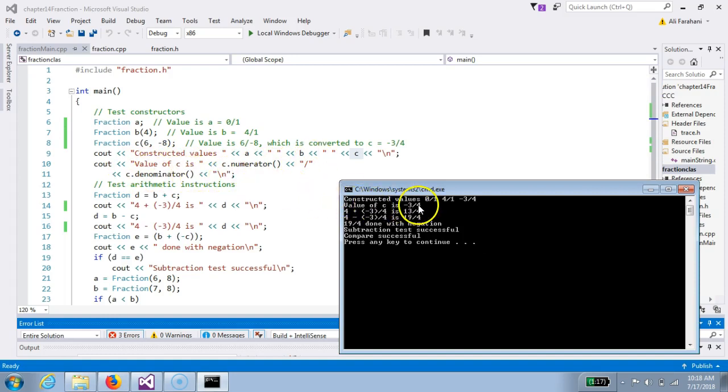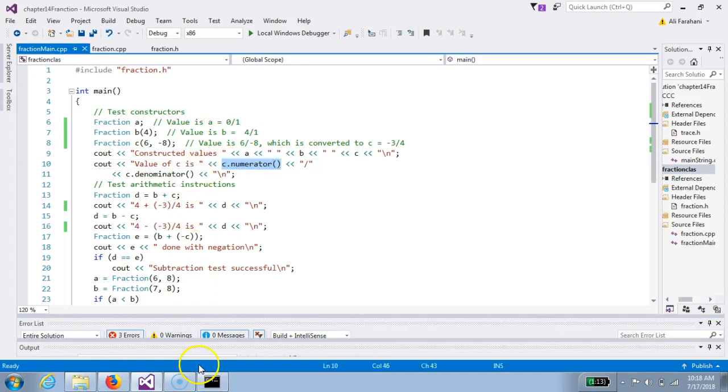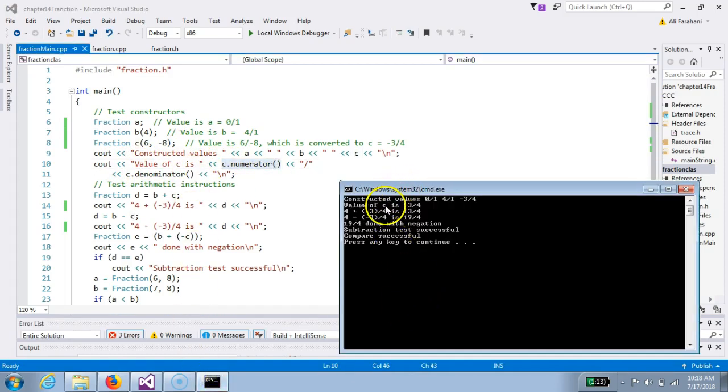The value of c is negative 3/4. That's correct. So individually, rather than using the overloaded output operator, we are constructing the output explicitly, looking at the numerator and denominator of the value of c here.